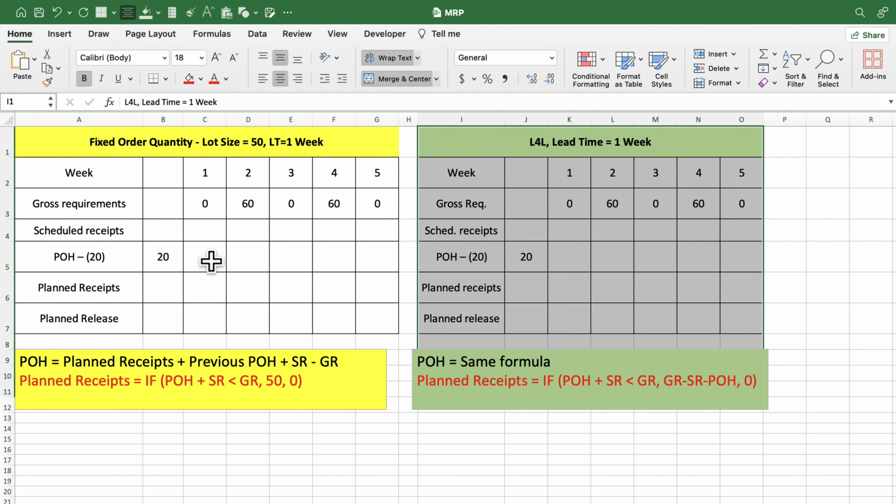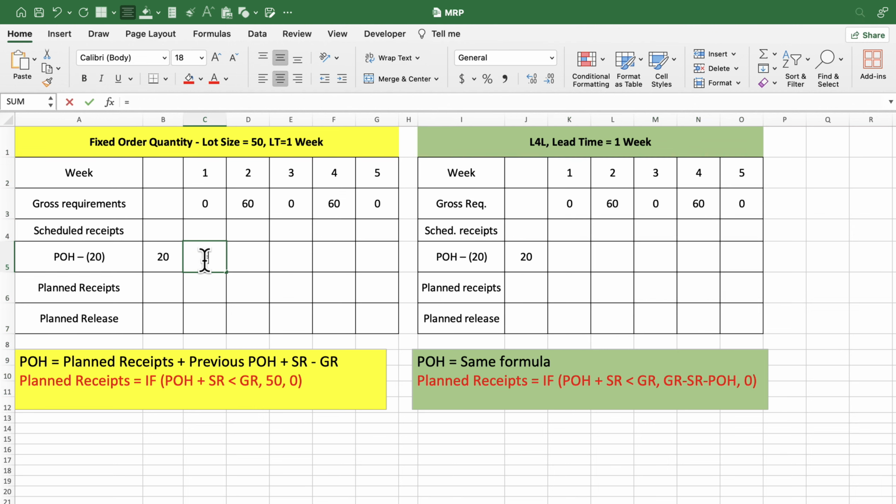So we will start with projected on hand calculation, and that is equal to this one plus our opening inventory, and the next one is we need to add scheduled receipt. We can add it or we can just skip this one, minus gross requirement, and that is 20. So which means our starting inventory is 20.